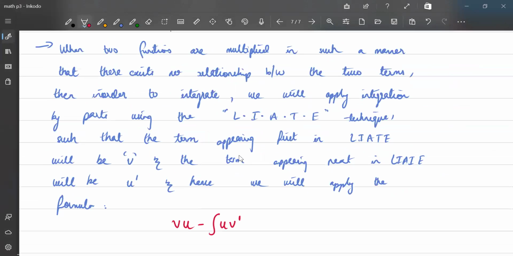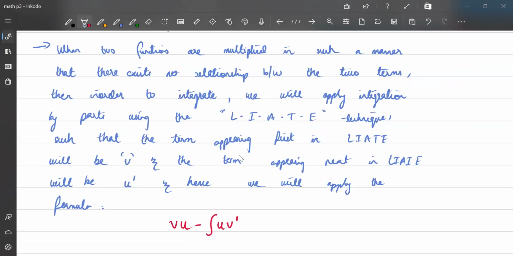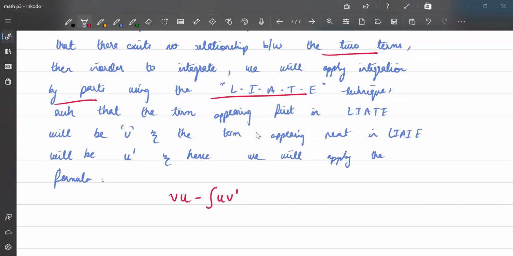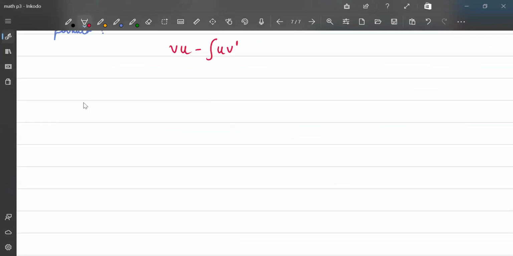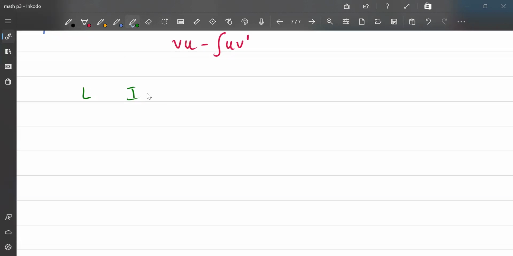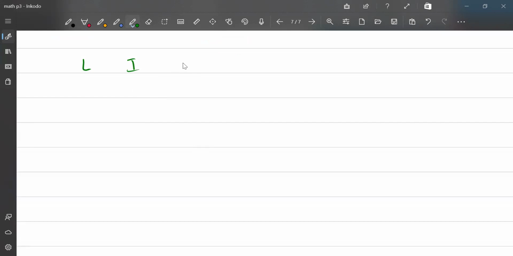Basically, when two functions are multiplied in such a manner that there exists no relationship between the two terms, then in order to integrate, we will apply integration by parts using the LIATE technique, such that the term appearing first in LIATE will be V and the term appearing next in LIATE will be U dash, and hence we will apply this formula. So first, let's recap what LIATE is. This is something I told you when doing differentiation, right?